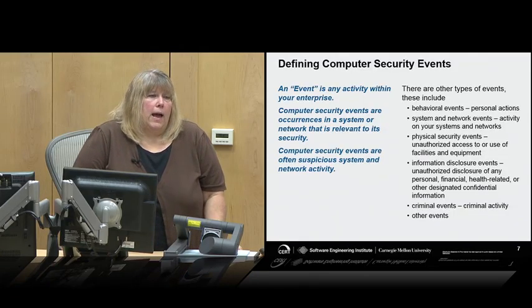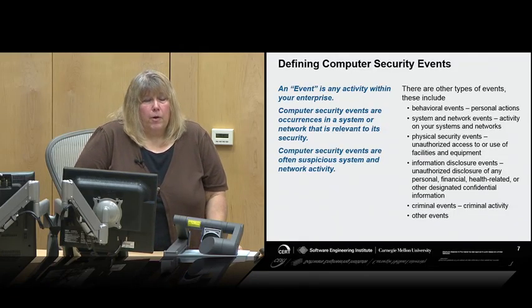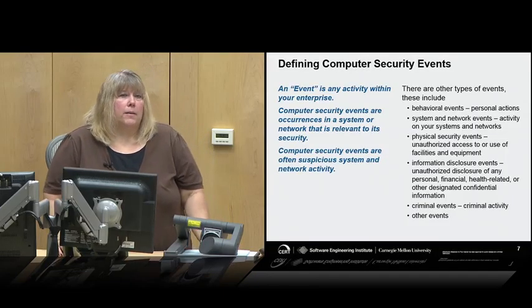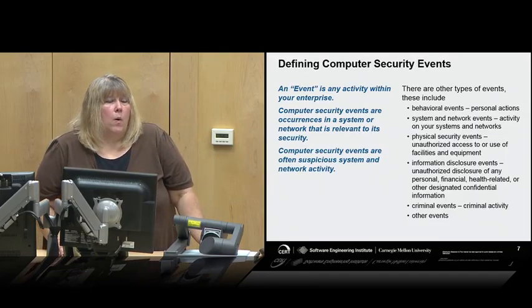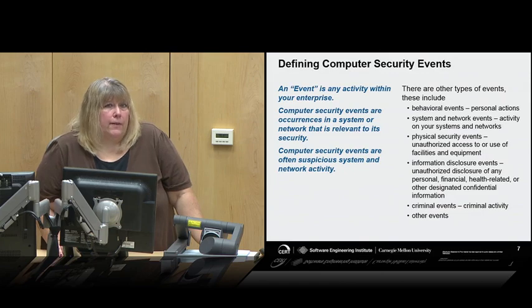So looking at personally identifiable information or PII, those are also specific types of events. There can even be criminal activity, someone trying to perpetrate a crime, possibly something like fraud or sabotage or theft of intellectual property. So we have to be aware that there are many different types of events.